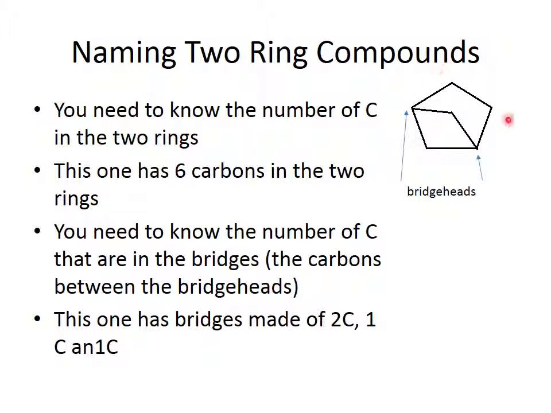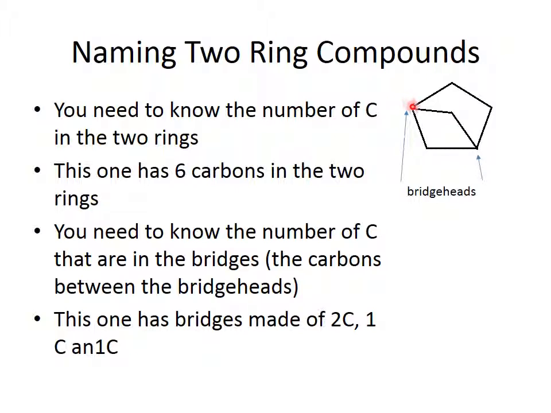This compound has 6 carbons in the 2 rings. There's one ring here that has 5 carbons in it and one ring that has 4 carbons in it, but they have carbons that are in common. So what we do is we look and count what are all of the carbons in the rings only. So there's 6 carbons. So this is going to be called a hexane. I also need to count how many carbons are in the bridges.